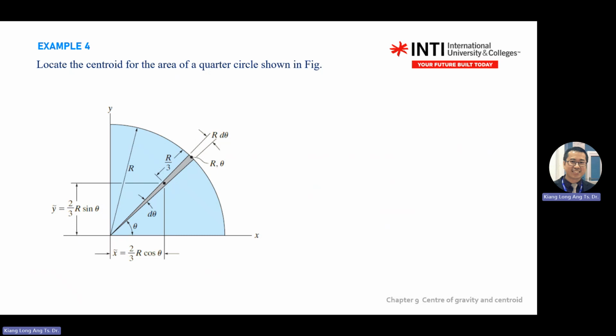Another one. Just now was a rod in a circle. Now you are seeing an area in a circle. Don't confuse example 1 and example 4. Example 1 is dL. Now you're looking at dA. Same approach.